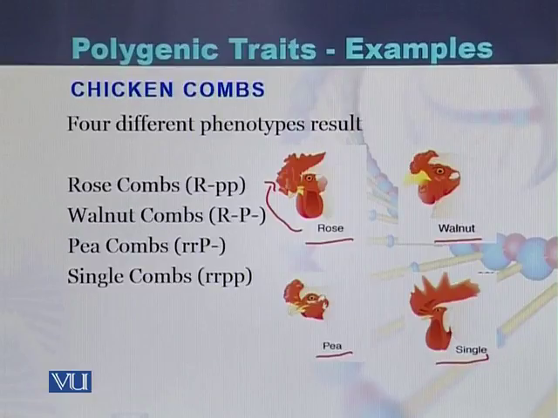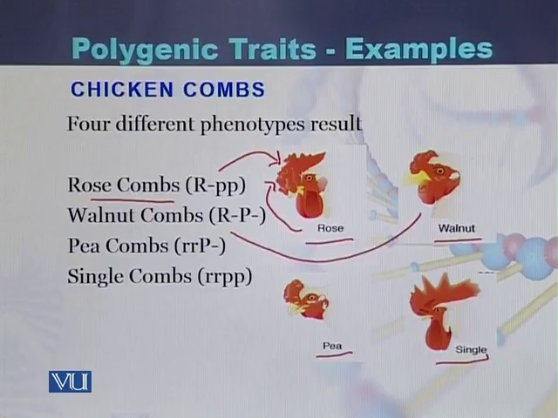In case of rose comb, the R gene is in dominant form, while the second gene, P, is in recessive form. In case of walnut, the R gene is in dominant form as well as the P gene. When both genes are in dominant form, there would be a walnut type of chicken comb.